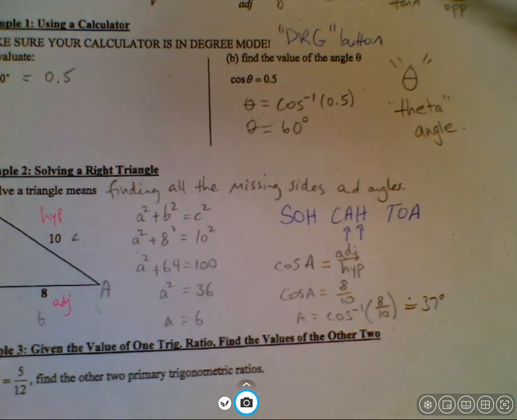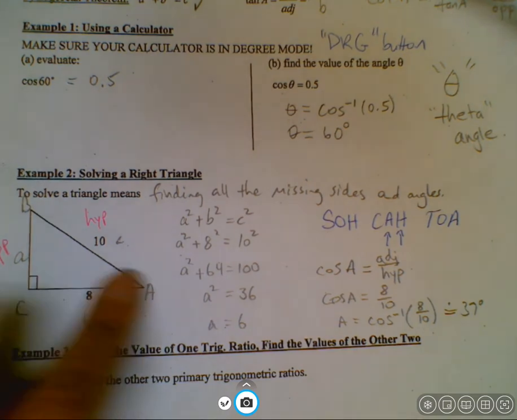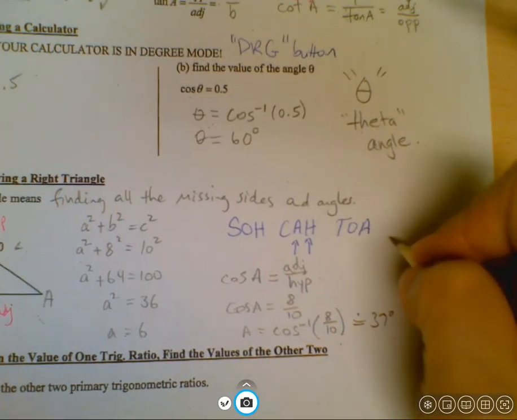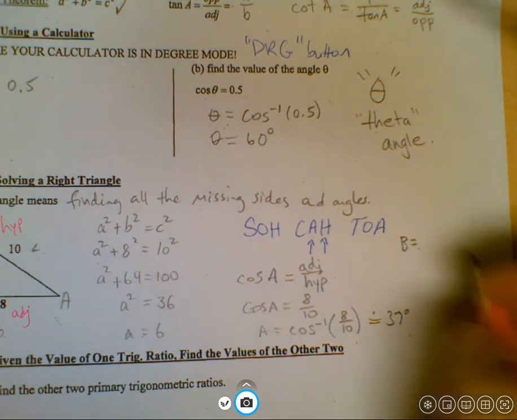Now I can use trigonometry also for the last angle, but noticing that I have two angles already, the last one is probably easiest if we can just use the fact that all of the angles have to add up to 180 degrees.